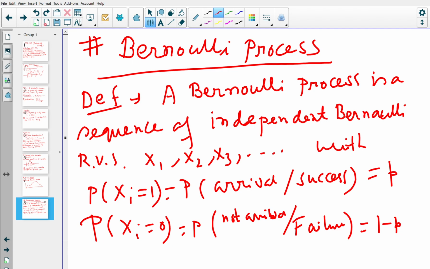Okay, so this is a collection of such Bernoulli random variables. For each case, you either have an arrival or success, which has probability p, or you don't have an arrival with probability 1 minus p, right? Now one can ask an important question: what do you mean by independent Bernoulli random variables, where you have an infinite sequence?